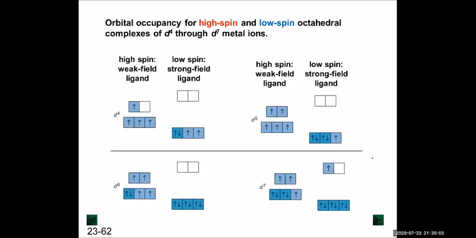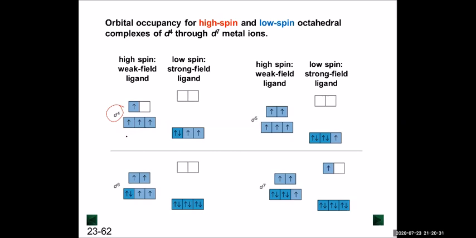These are some typical examples for different configurations. The first one is 4 d electrons. When the metal cation has 4 d electrons, depending on the ligands, with the weak field, 3 electrons occupy the low energy level and 1 the high energy level.